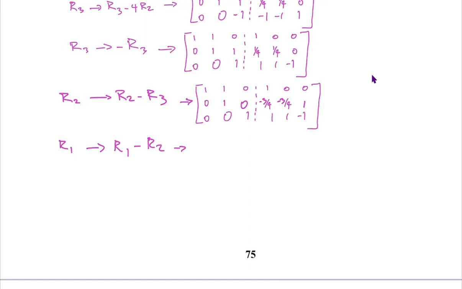So let me copy this, and then we're going to change only R1 because everything else is already perfectly fine.